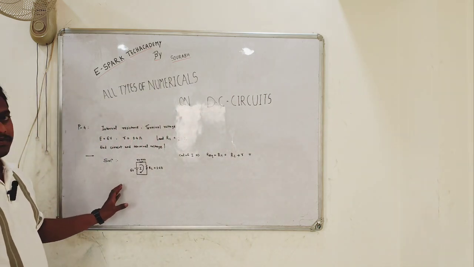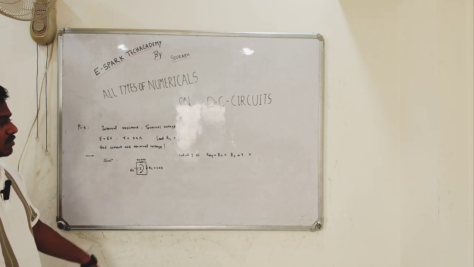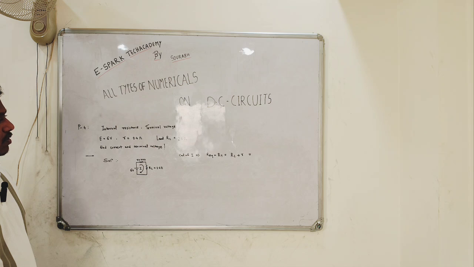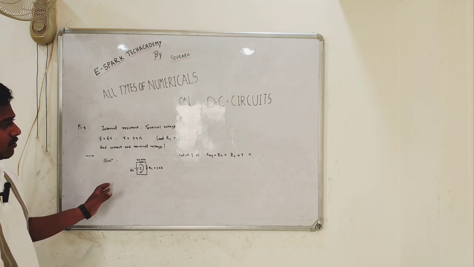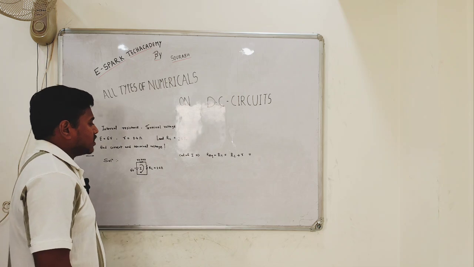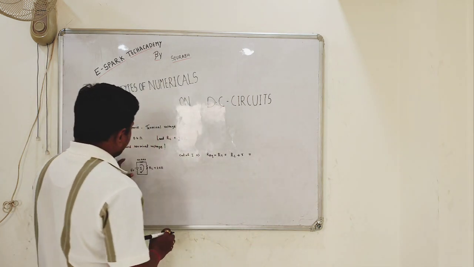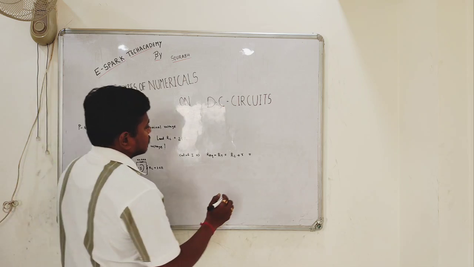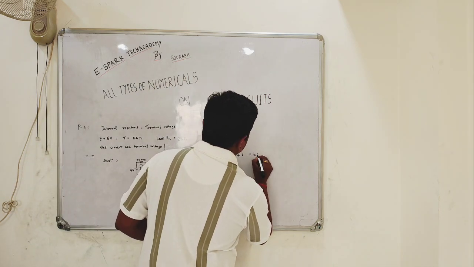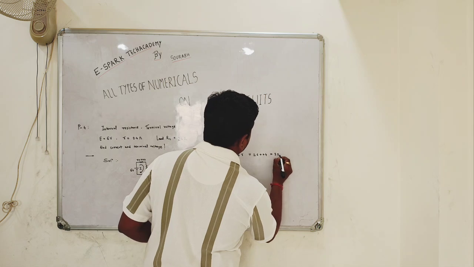In series combination, we have already learned that R total will be the summation of the two resistors which are in series with each other. Now 2.6 plus 0.4 gives 3 ohm.